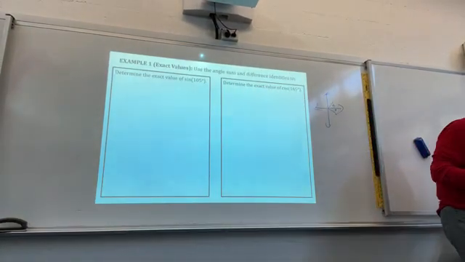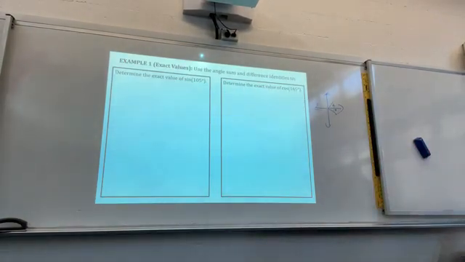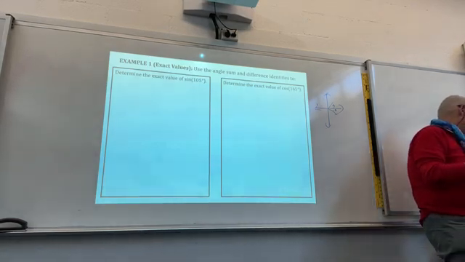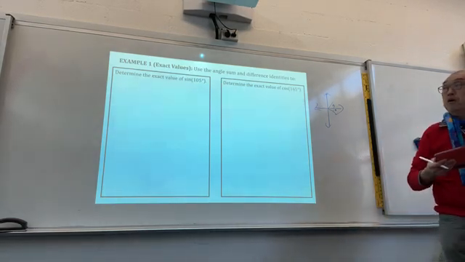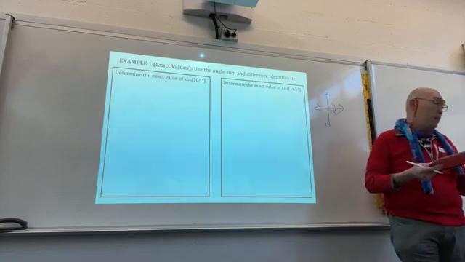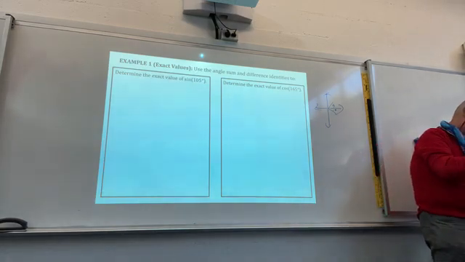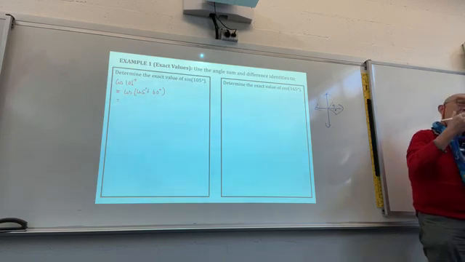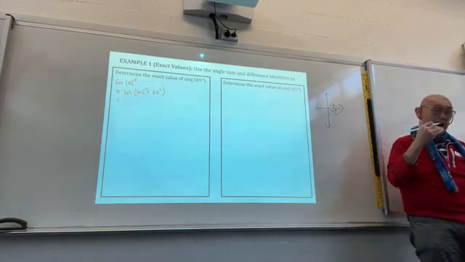Now, can you start thinking about how we could use those identities to determine something like cos 105? What would 105 be made out of? 60 plus 45. So cos 105 degrees equals cos(45 plus 60) degrees. Now you can start using the angle sum formula.